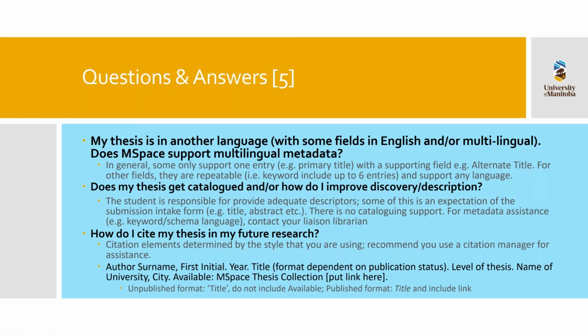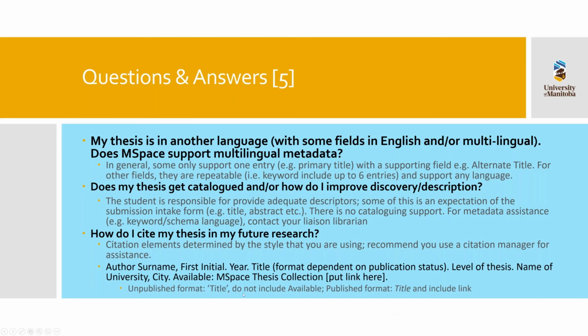So you would put master's thesis, PhD thesis, BSc thesis, or undergraduate capstone, University of Manitoba, Winnipeg, and then the availability statement: available, colon, MSpace thesis collection, and then the link.